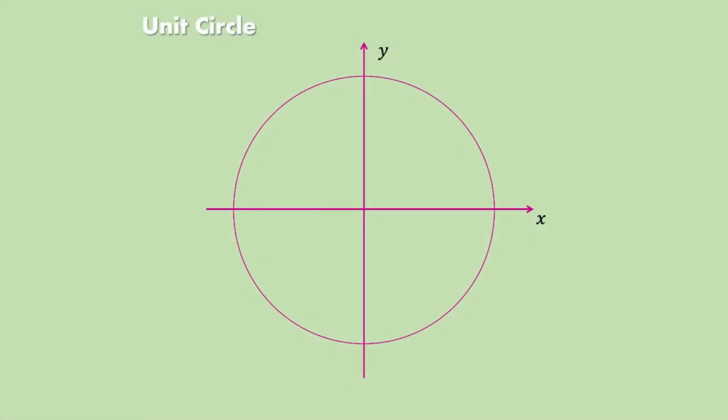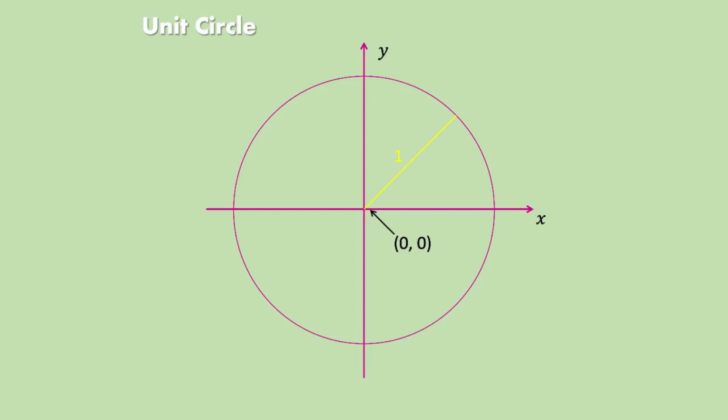Now let's talk a little bit about the unit circle. In mathematics, a unit circle is a circle with a radius of 1. Frequently, especially in trigonometry, the unit circle is the circle of radius 1 centered at the origin, coordinates (0, 0), in the Cartesian coordinate system in the two-dimensional plane.